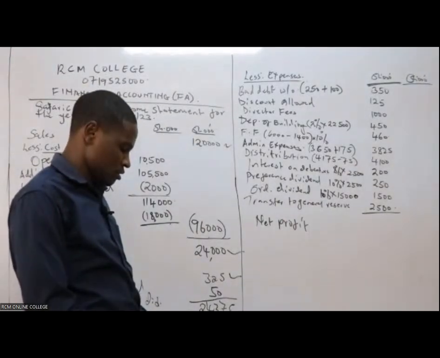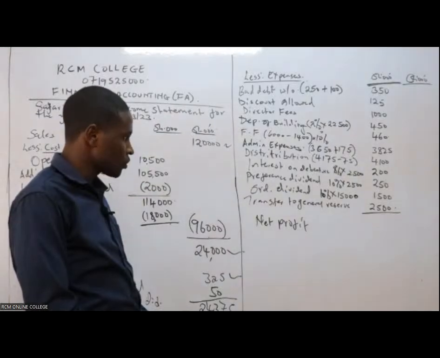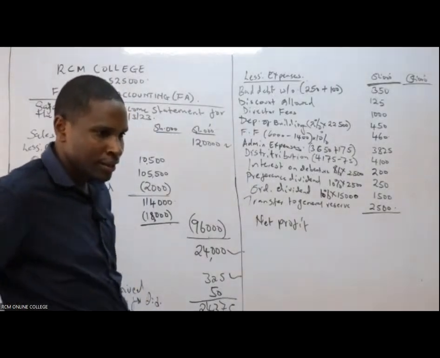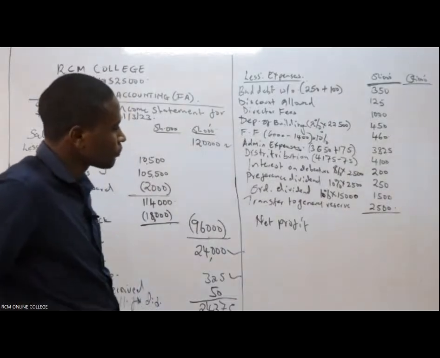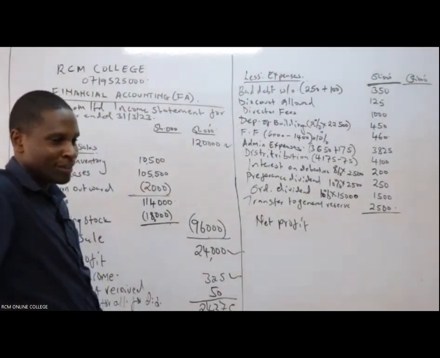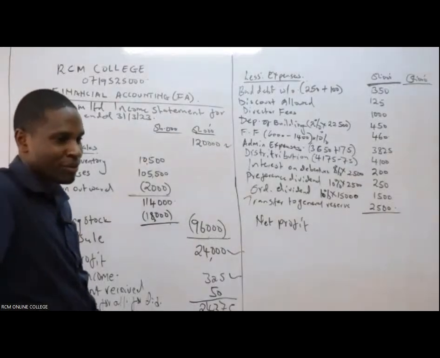Plus 460 plus 450 plus 3825 plus 4100 plus 200 plus 250, almost there, plus 1,500 which we were leaving out, plus 2,500. I'm getting a figure. Now you people, you are not giving me your figure.